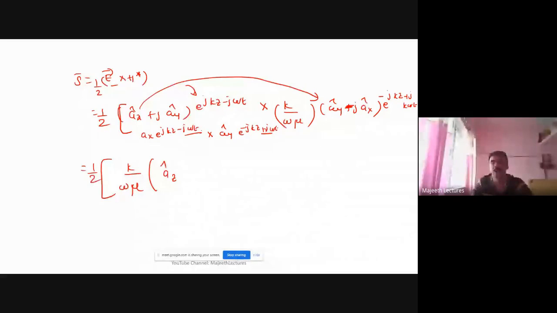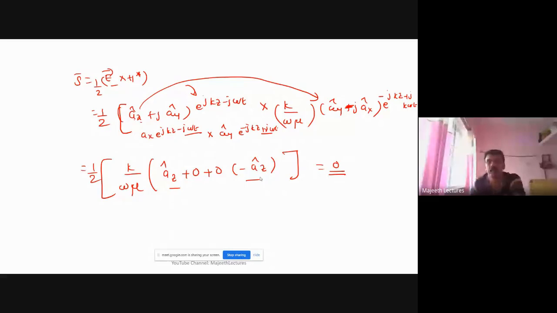ax cross ay is az. ax cross ax is 0. ay cross ay is 0. ay cross ax is minus az. So what will happen? The result will become 0. Plus az minus az, so the resultant vector will become a 0 vector.